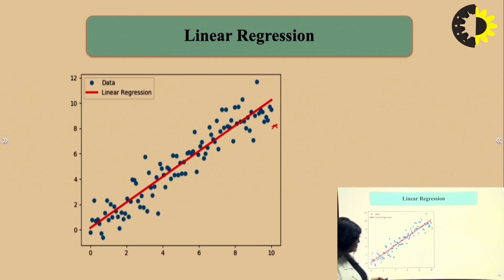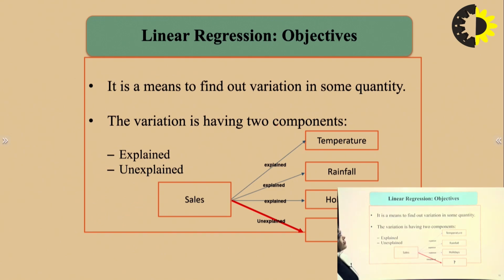Okay, so now when we talk about linear regression, we have to understand it in a deeper way, and as we go deeper, we see that when we are talking about the explanation of one variable in terms of the other variable, there are certain factors that we need to understand. So for example, here I have taken one dependent variable which is called sales, and I want to predict the value of sales with the help of some independent variable.